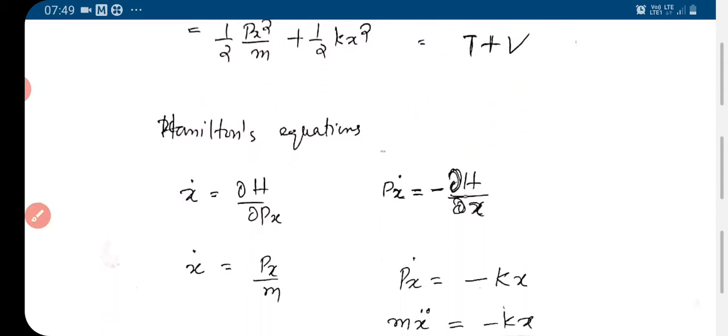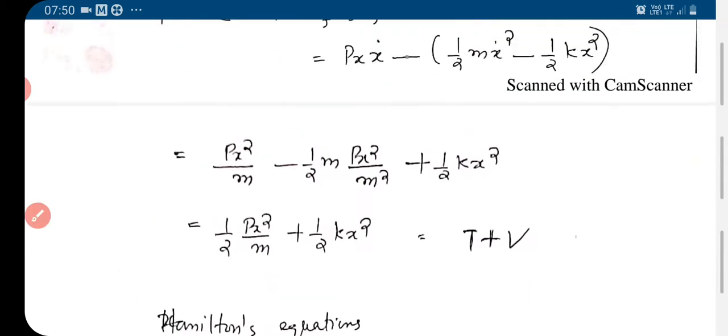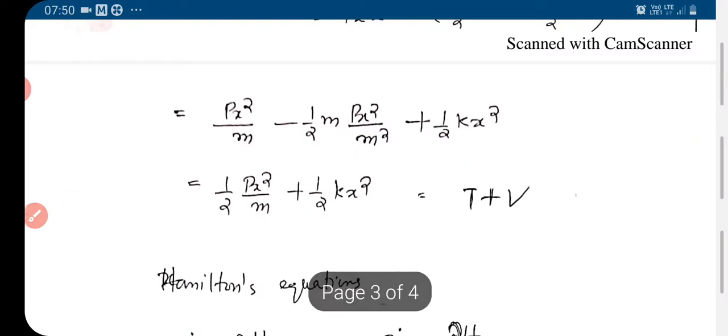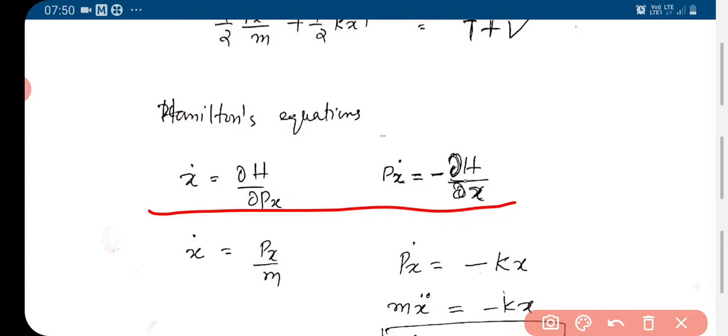Hamilton's equations are given by x dot equal to dou H dou px, and px dot equal to minus dou H dou x. These are the two equations for Hamilton's equations.